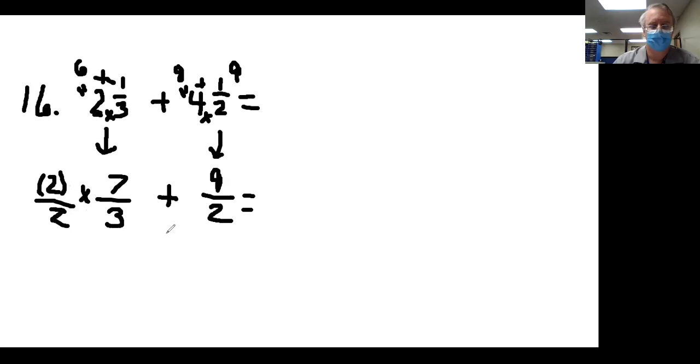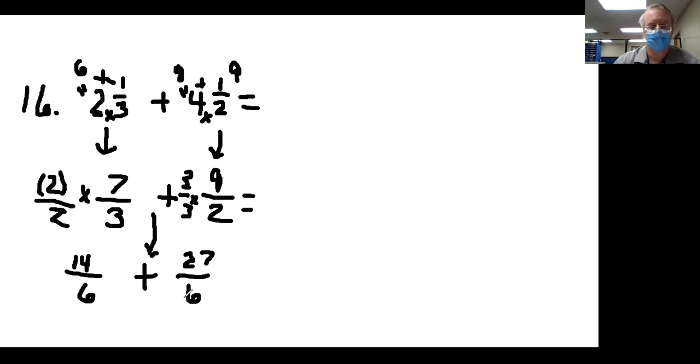And then I'll take 3 over 3 and multiply it times this one. So 2 times 7 is 14. 2 times 3 is 6. We just drop the addition down here. Plus 3 times 9 is 27. And 3 times 2 is 6.